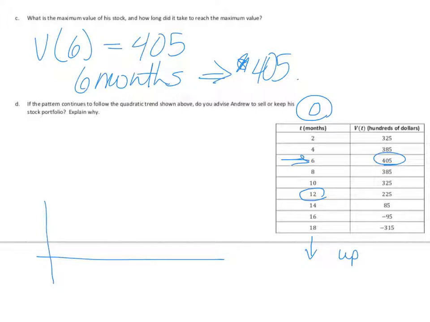Well, we're doing quadratics, so really at 0 we're at 325. We're going to 385, and then back down, down, down, down, down. At some point in your math career, we'll learn about sine functions and cosine functions, which curve back up, but that's not what we're learning about today. So I would recommend sell.